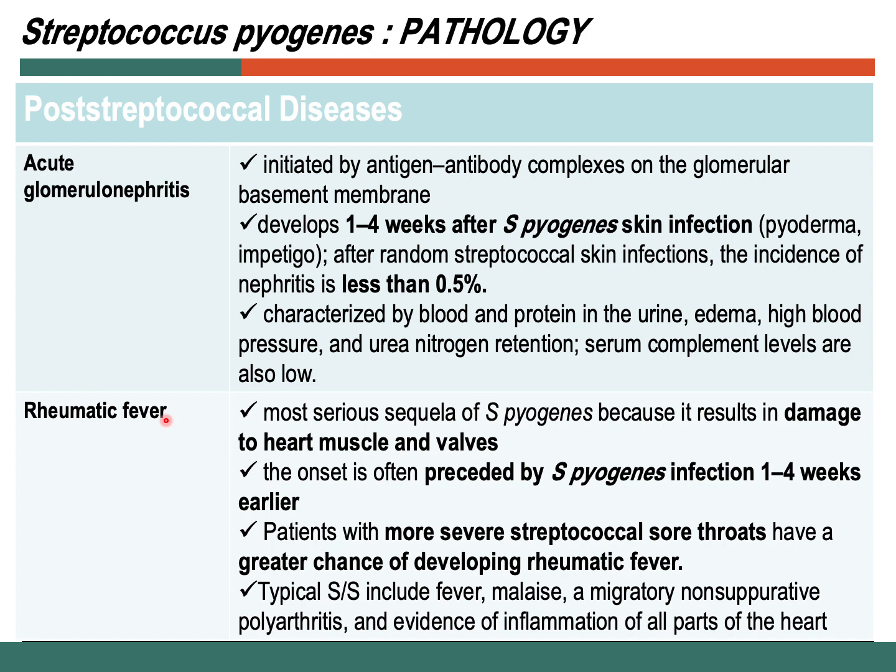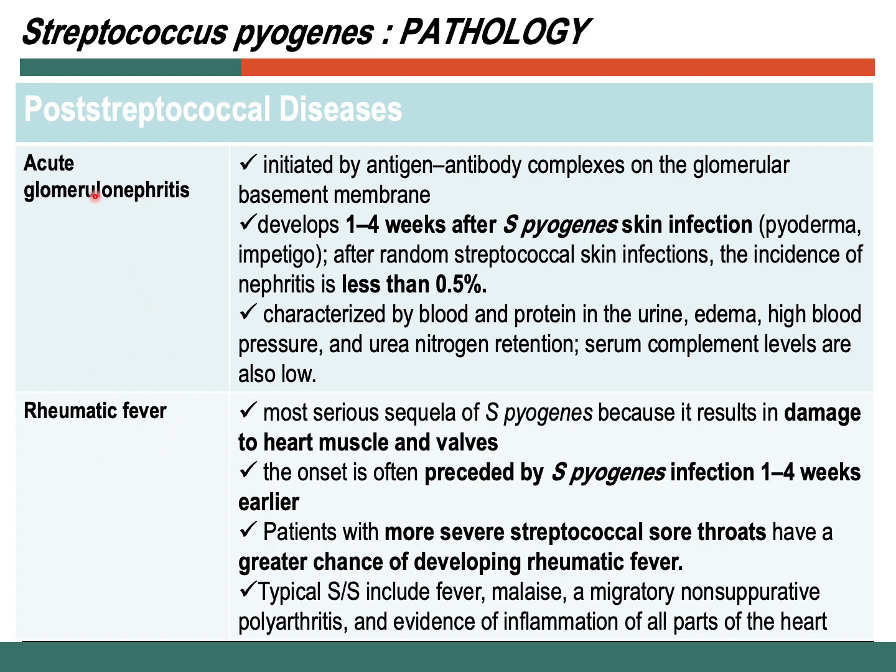So your body will develop memory cells for that M protein. On the succeeding infection, the memory cells, instead of attacking the actual pathogen, will now attack the kidney or even the heart, causing these two diseases.